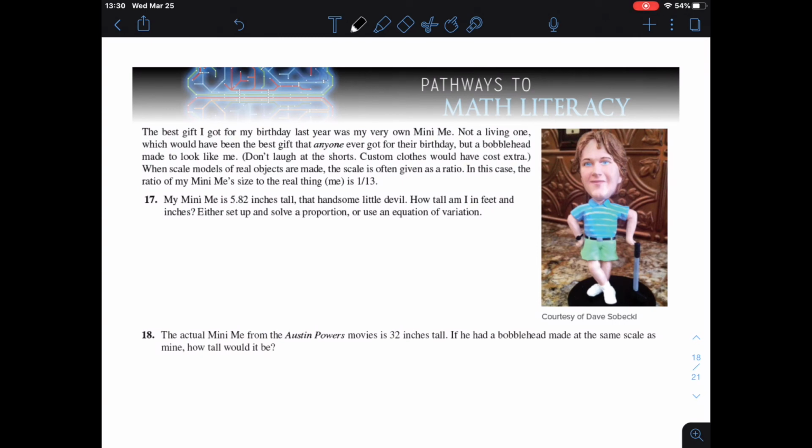We're told that 1 is 1/13 the real size, and so the doll is 5.82 inches, and we want to know the real size. So we're keeping the doll information up top, the real size on the bottom.